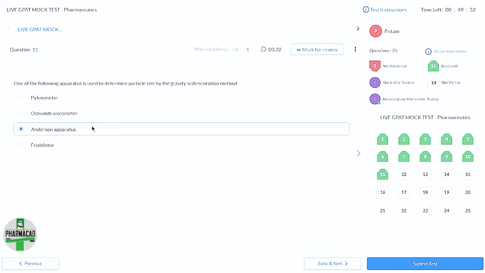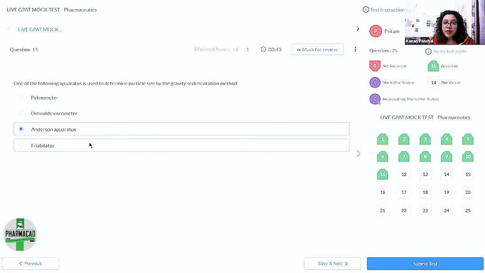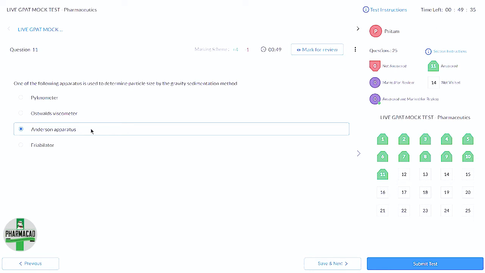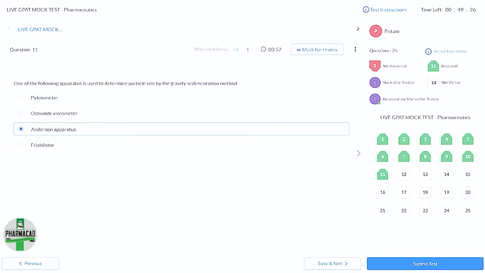Correct. What is pycnometer used for, Manshi? Density. Oswald viscometer for viscosity. Friabilator, what is friabilator? It's for friability. Okay. So the answer here is Anderson apparatus. I think it is very much clear to eliminate options here. Correct?